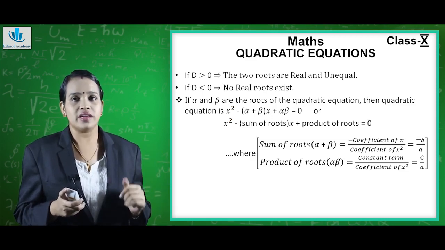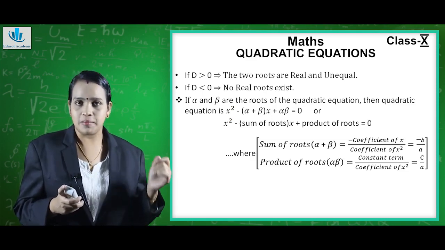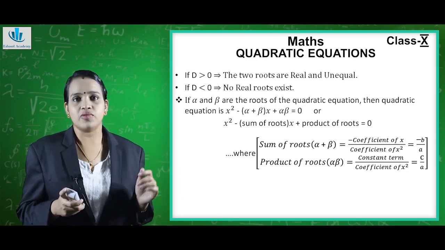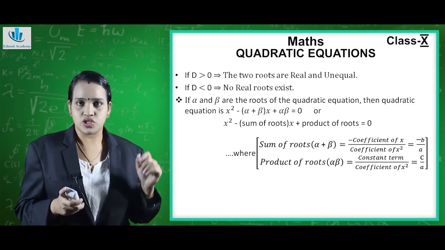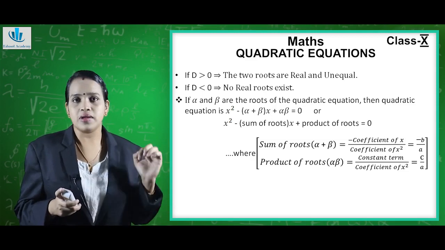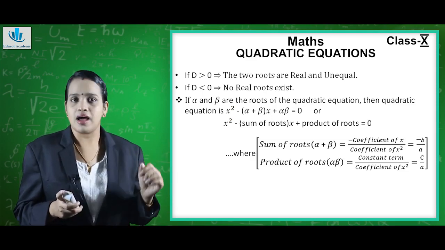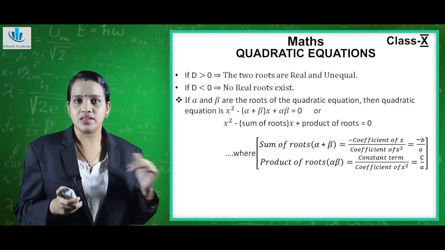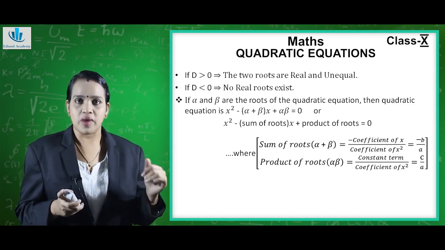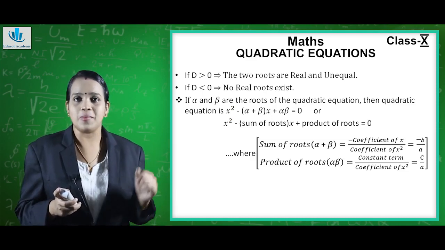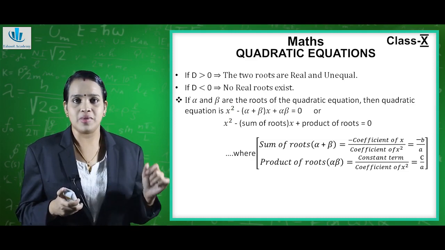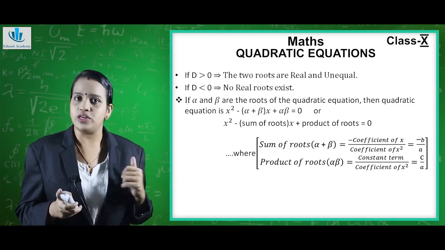Now the next one is that if alpha and beta are the roots of the quadratic equation, then the quadratic equation can be written as x raised to 2 minus alpha plus beta x plus alpha beta is equal to 0. Or we can write this in the other way, that is x raised to 2 minus sum of roots x plus product of roots, which is equal to 0.